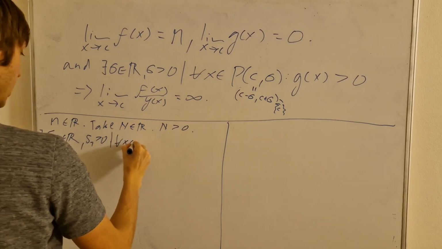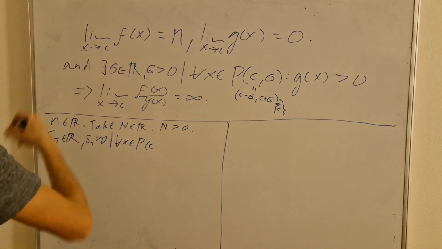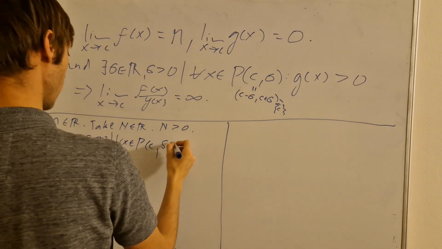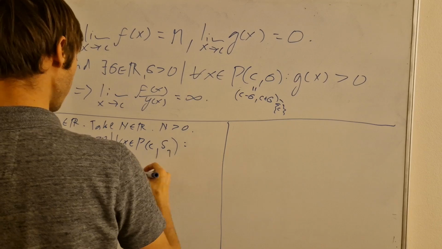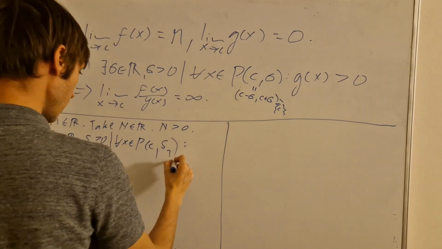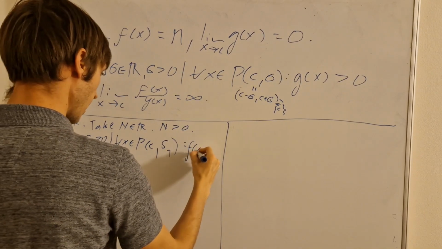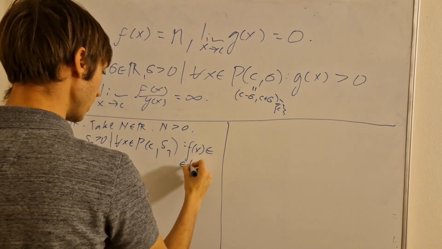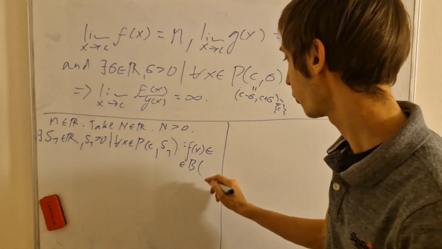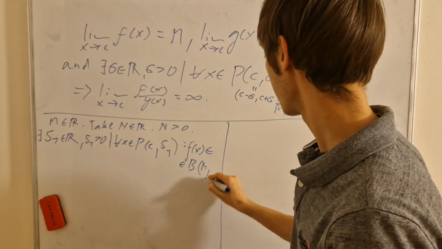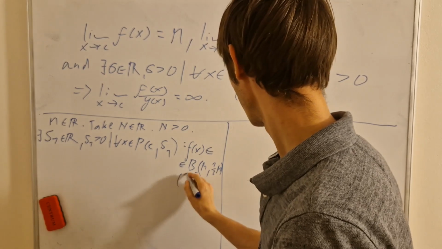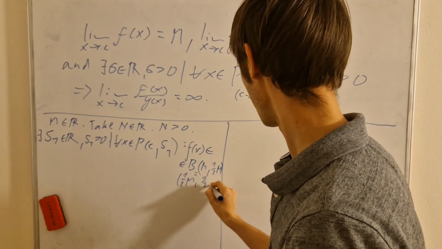such that for every x in the neighborhood of c to which x goes in the limit, but bounded by delta 1, we have f of x being in the neighborhood that contains the middle point as well, of m, bounded by 1/2 m, which would mean the open interval from 1/2 m to 3/2 m.